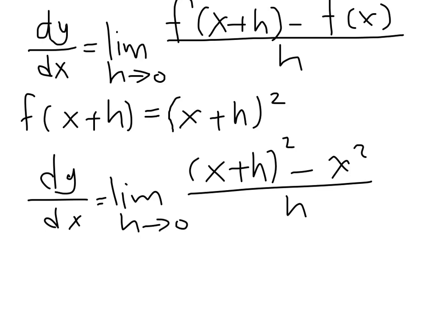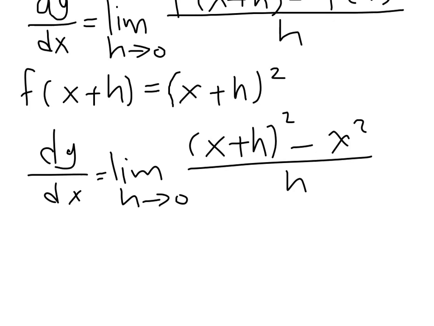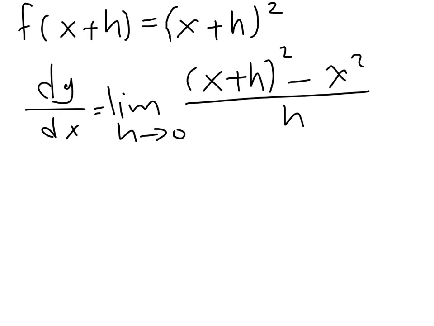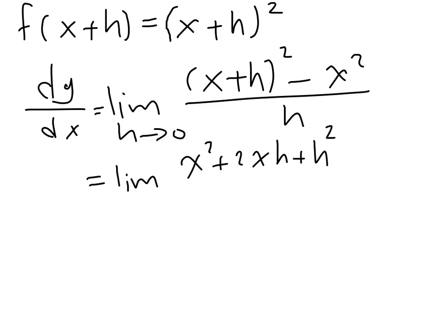Right, the question now: can we simplify this? Yes, of course, we can simplify it by expanding x plus h to the power 2. So this is the limit of x squared plus 2xh plus h squared, which is very simple and straightforward, minus x squared, all divided by h when h approaches 0.